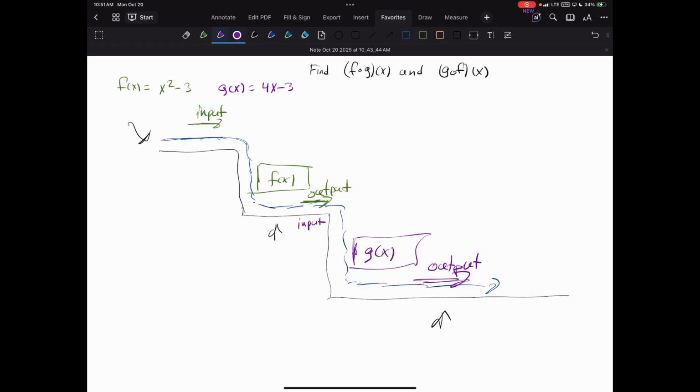So our function value passes through one function, then passes through the other function, and then we get an output.